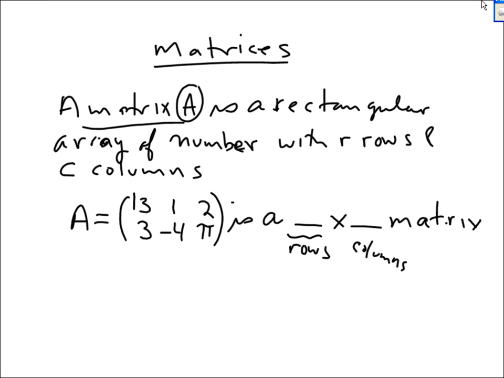Well, this matrix has two rows. The number of columns will be 3, only because there's 3 columns. Column 1, column 2, column 3.